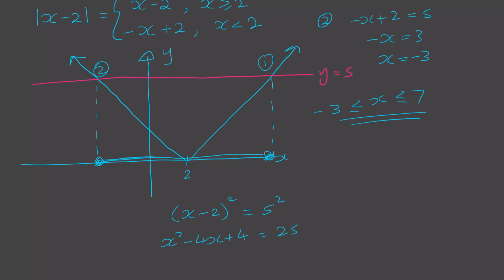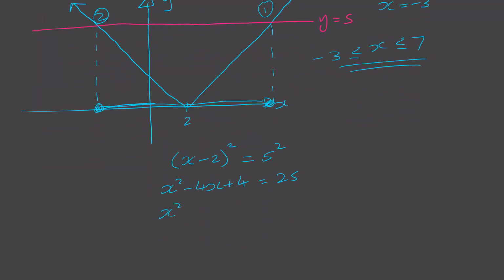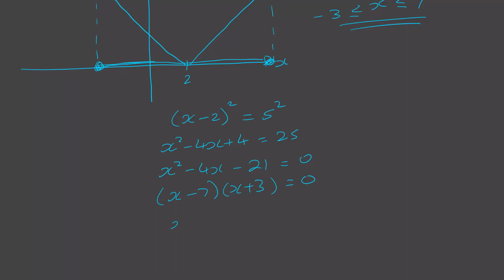That gives me that x squared minus 4x take away 21 is equal to 0, which gives me x minus 7, x plus 3 is equal to 0. And that tells me that x is equal to 7, or x is negative 3.